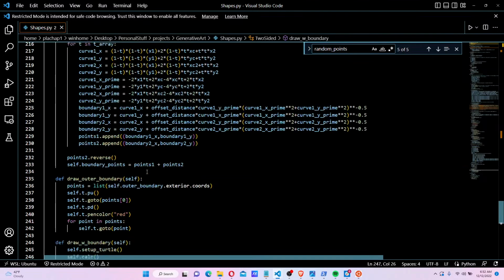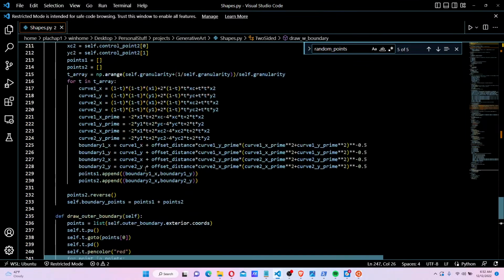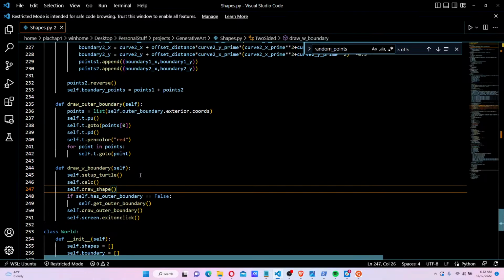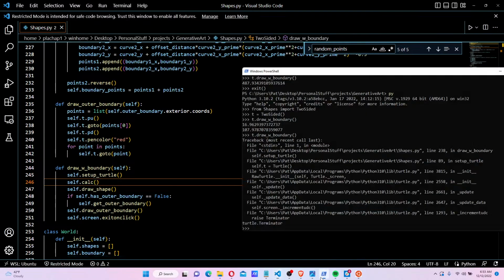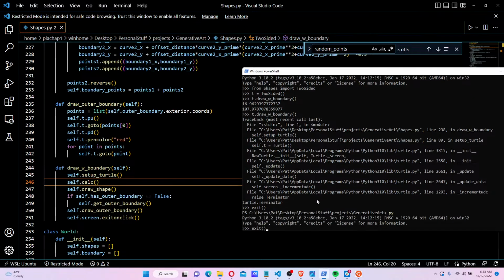Self dot get outer boundary. Yep. Draw shape. I think this should be good. Okay. So let's see how it works.